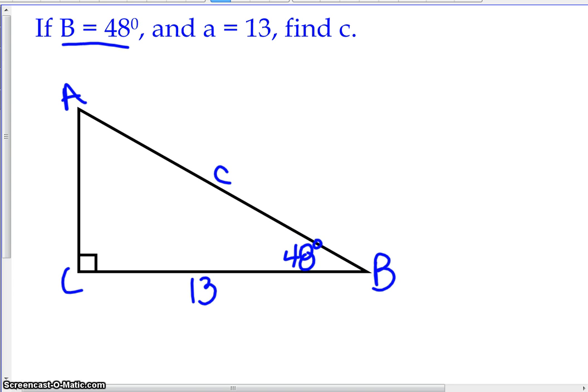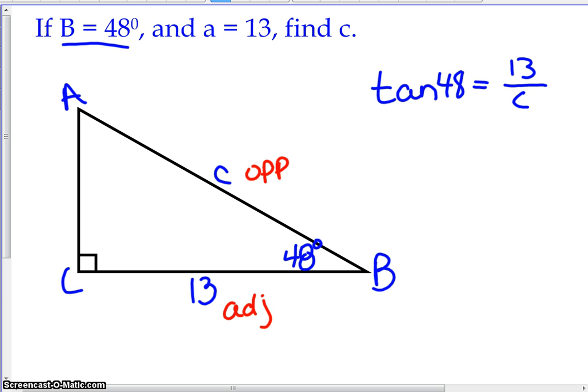Now we go back to where we started, and we kind of had a review of trig. And we said, okay, what do we have here? Well, I have my adjacent side, and I have my hypotenuse. I'm looking for my hypotenuse. You just have to decide sine, cosine, or tangent. What are you going to use? So you'd say cosine of 48 equals the adjacent over the hypotenuse.